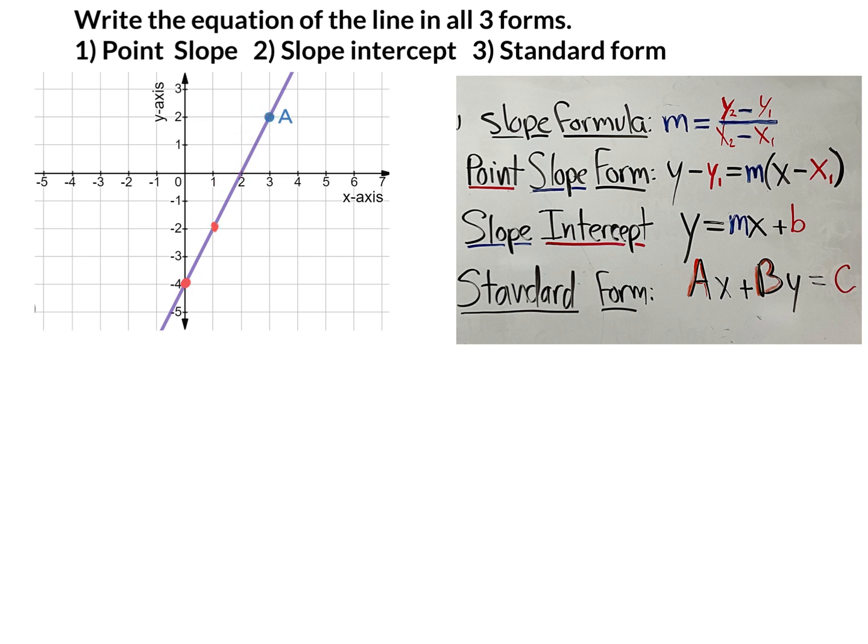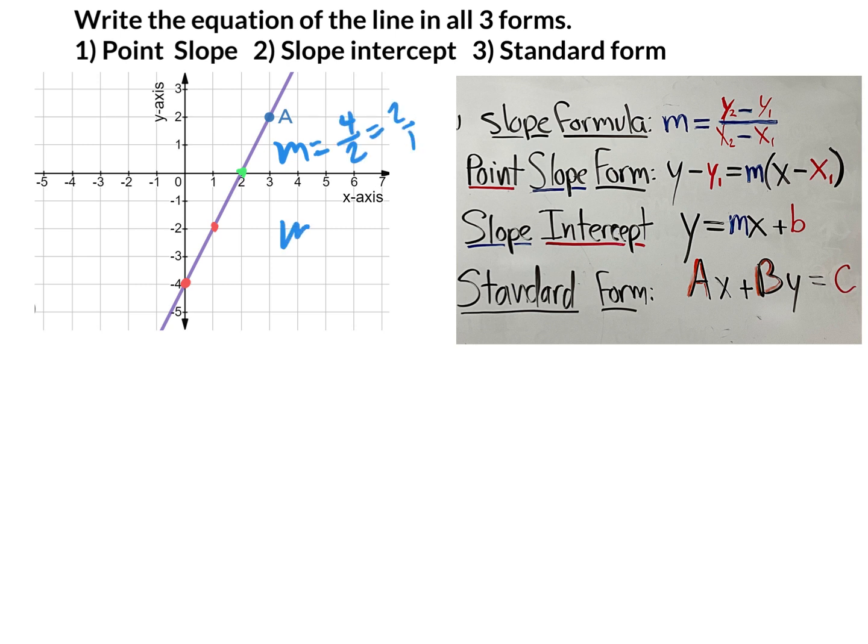And it doesn't matter if you use this point and that point. You could have used this point and also, let's say, this point. You would still rise 1, 2, 3, 4, run 1, 2. So rise is 4, run is 2. 4 over 2 reduces down to 2 over 1, okay?